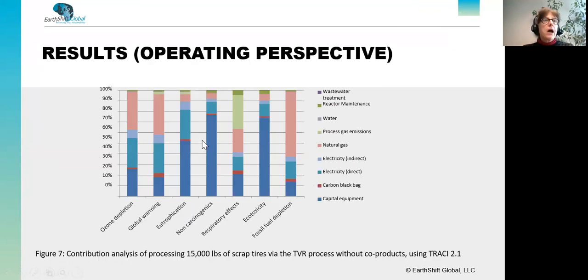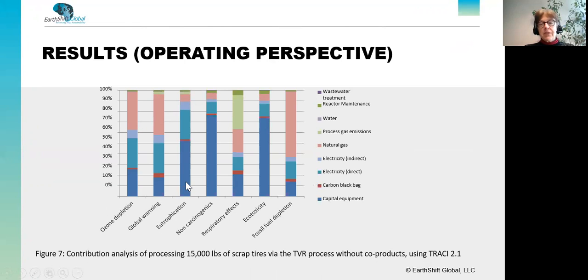If we just look at the operating perspective here, and so we're not looking at what's being produced, we see that natural gas is, and now we're looking using TRACI as opposed to ReCiPe, still a pretty big contributor. One thing that I'll point out here, the capital equipment is also a pretty big impact here.